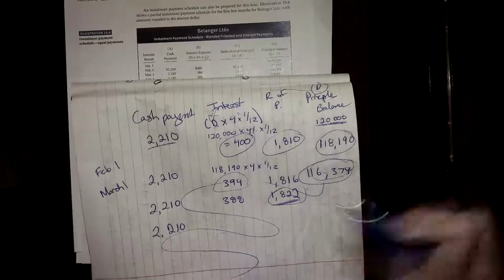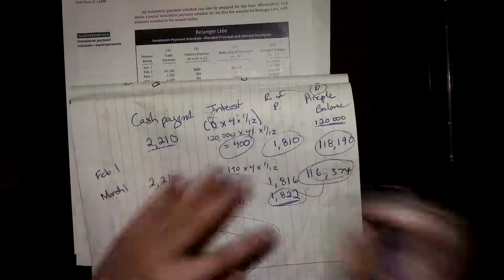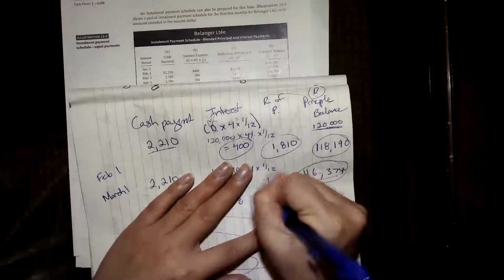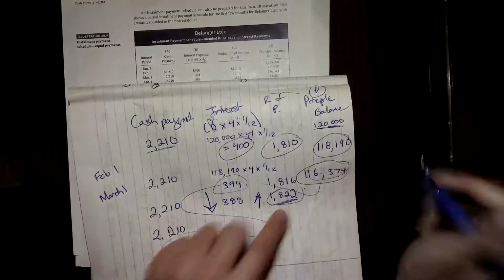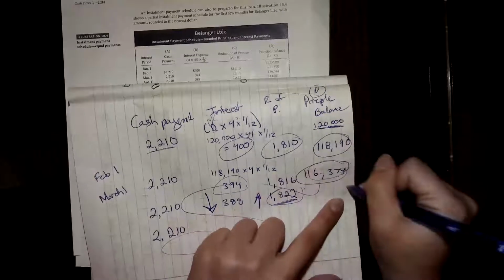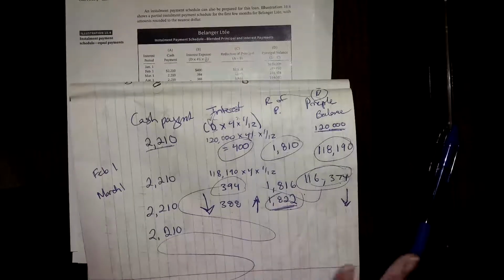Okay, so your interest is going down over time. Your reduction of principal is going up because you're paying less interest and more principal. And your principal balance, your total balance of your loan, is going down. So that's why it's called blended.